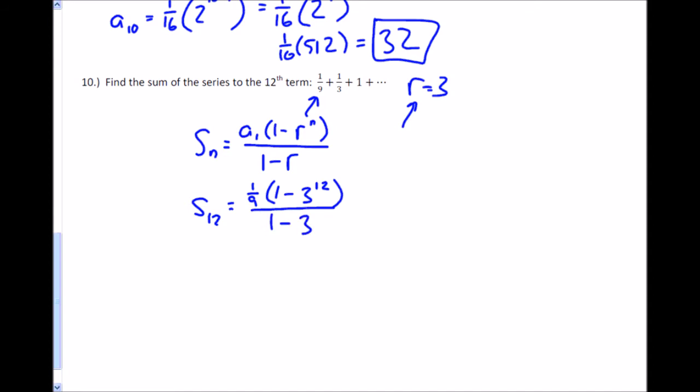Now I just have to plug this in very carefully. When you do this, make sure you follow order of operations. We do the 3 to the 12th power first. Down here I get a -2. When I subtract this, that's going to give me a negative.